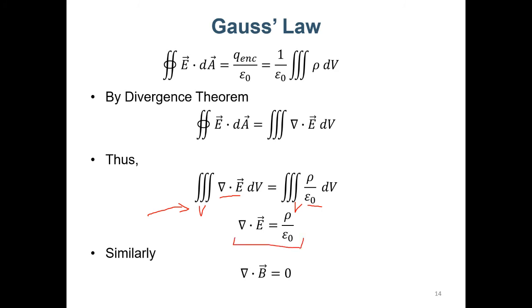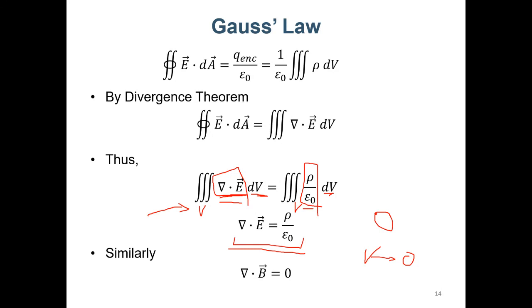Or you can consider V to be a very small sphere, and let V tend to 0, so that it is a very small dV, which is constant. So this term will be constant in a very small volume. Then this part should be equal to this part. So we have the differential form of the Gauss law.